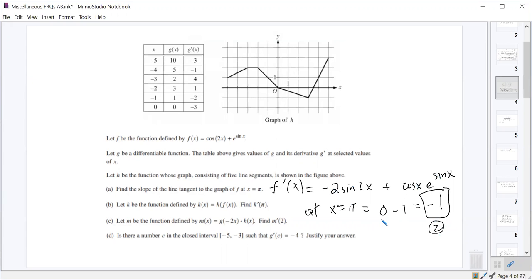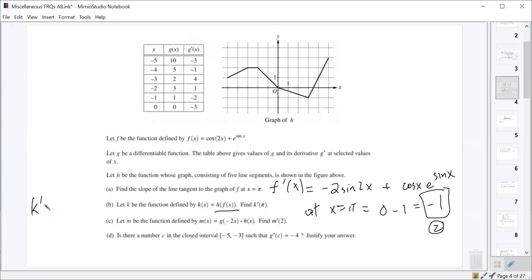All right, part B. Let k be the function defined by k of x is h of f of x. So if k is h of f of x and we want to find k prime of pi, we need to take the derivative of k using which rule? Chain rule, because this is a composition of two functions. So the derivative of a composition, h of f, should be what?